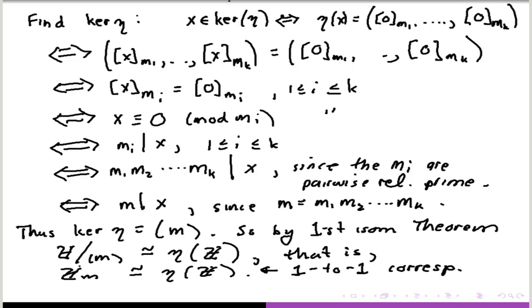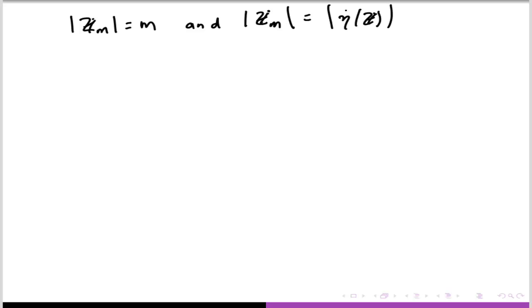So what is left is for us to show that this is really an onto mapping, that eta of Z fills up the entire right-hand side. But that follows easily from a cardinality argument. So we've got that the cardinality of Zm is m, and this equals the cardinality of eta of Z, because these two sets are isomorphic, in one-to-one correspondence.